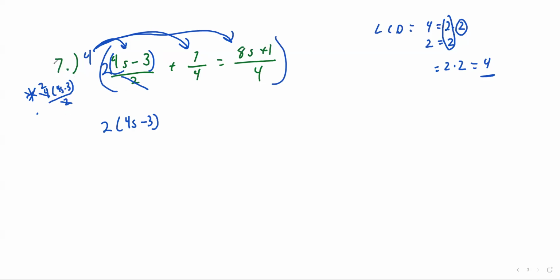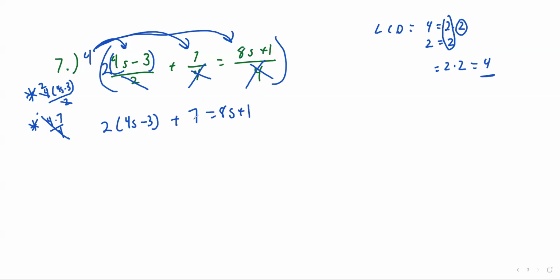So we're just saving this step and going straight here. Over here, 4 goes into 4 1 time, so there is no more 4, and it's a 7. Same concept as a side note: 4 times 7 over 4, the 4s would cancel and you'd be left with 7. So we're pretty much doing this right away. Again, 4 goes into 4 1 time, so I'm just left with 8s plus 1.